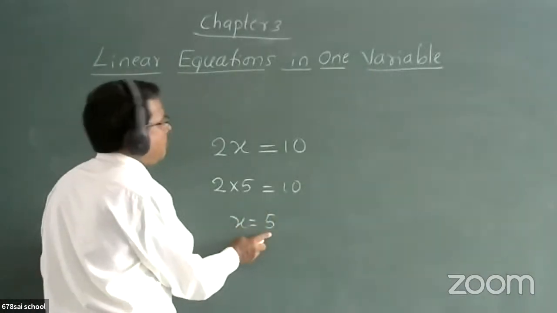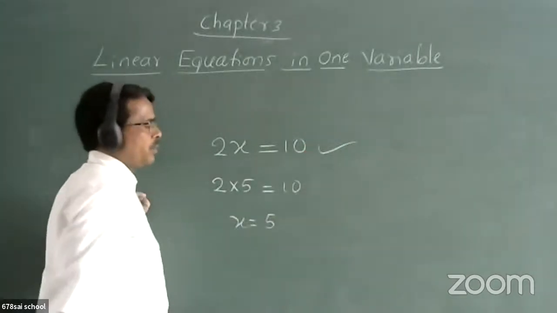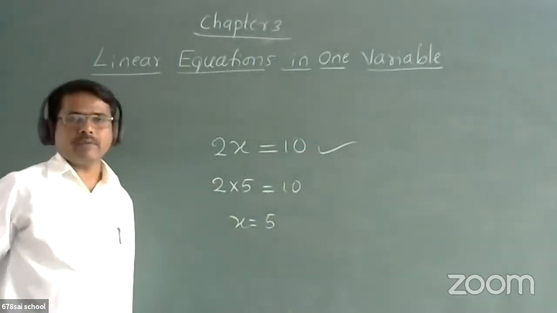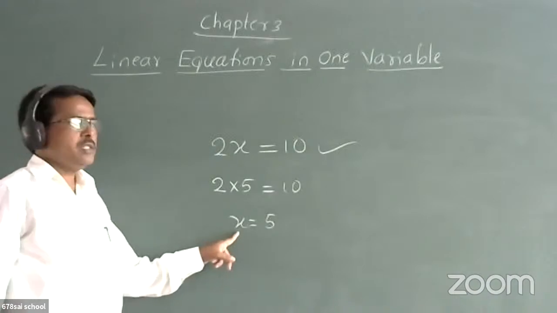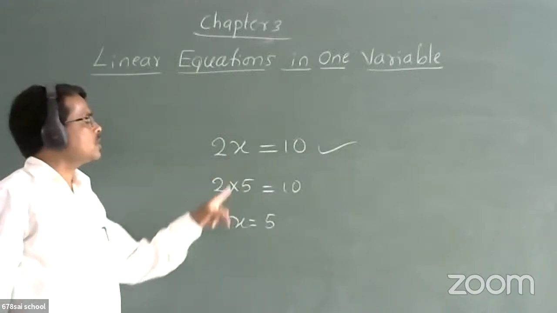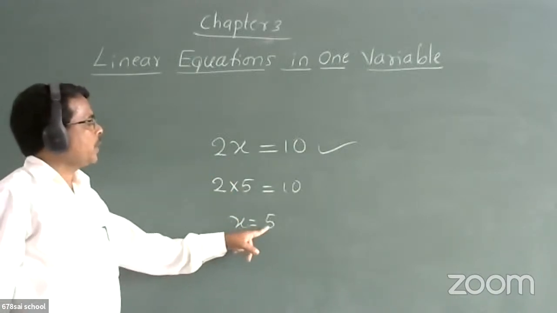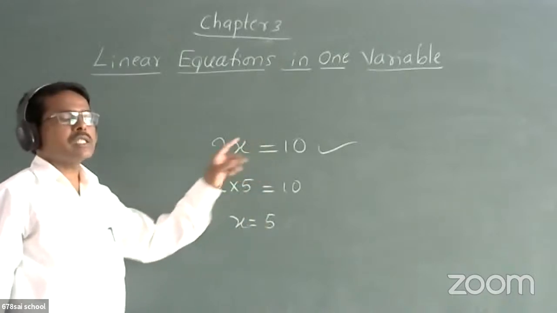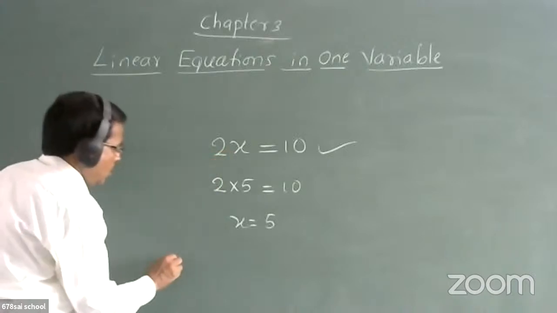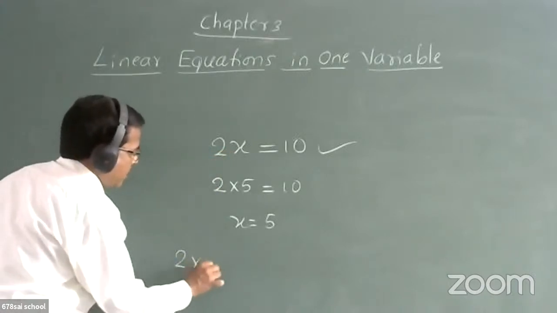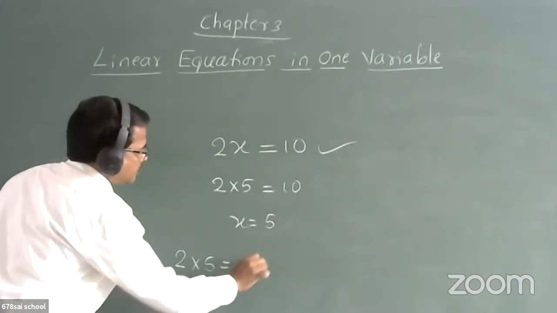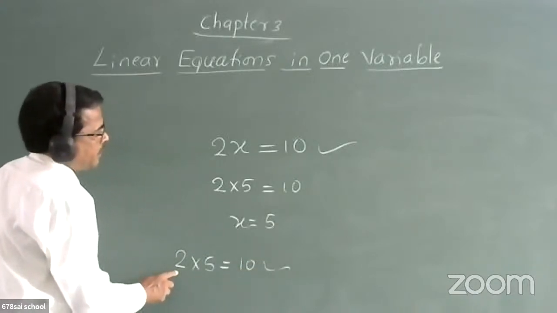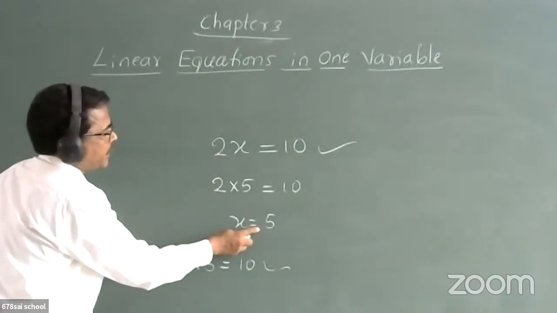The x value for which this equation is true is known as the solution of the equation. What is the solution of the equation? 5. When x is 5, LHS and RHS are equal. 2 into 5 is equal to 10. This is true only for x equal to 5.